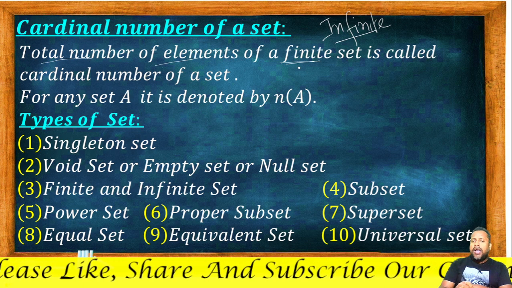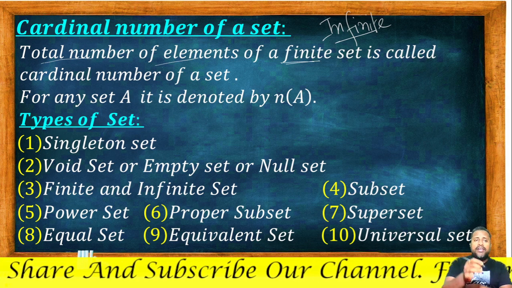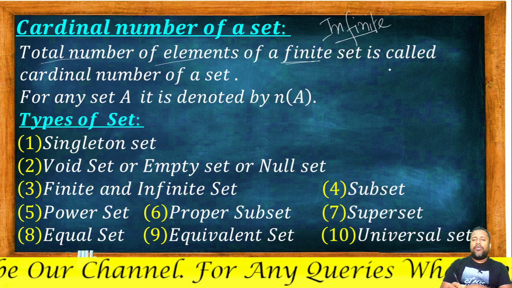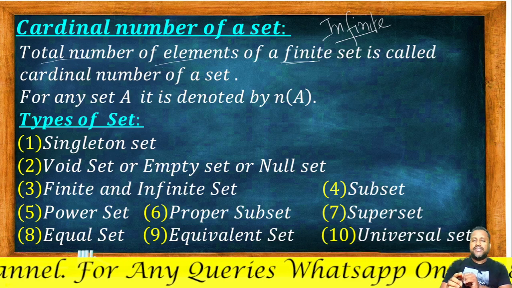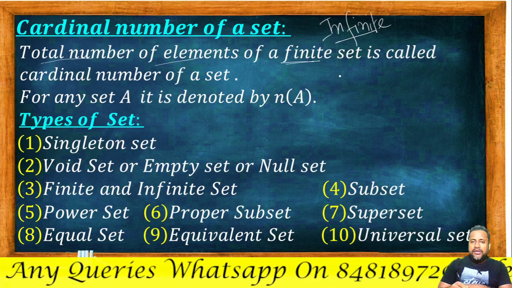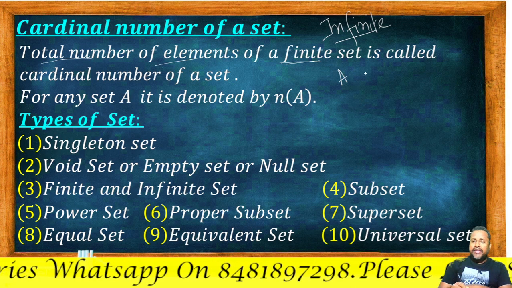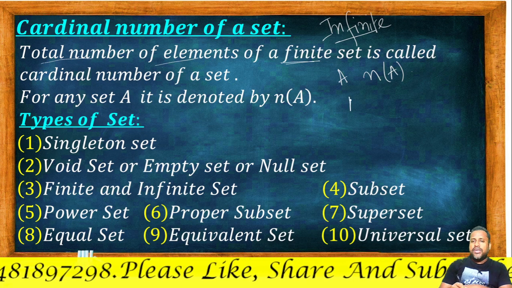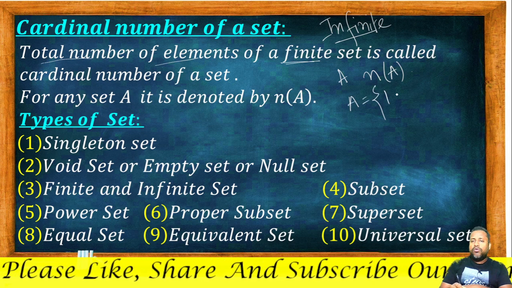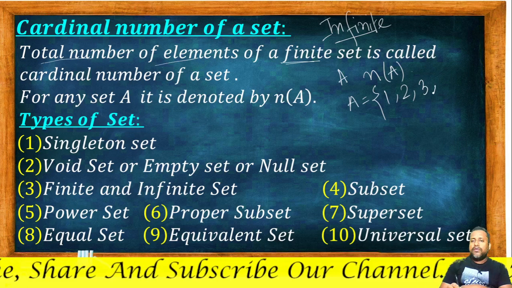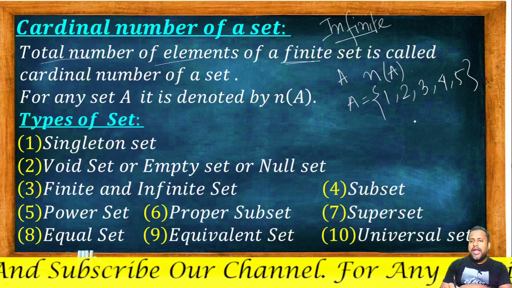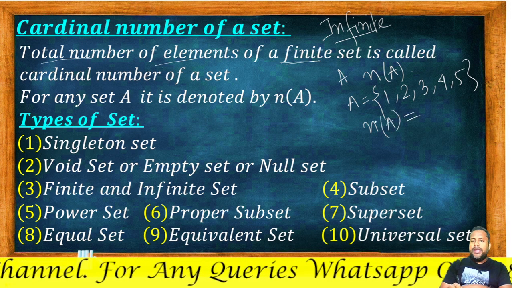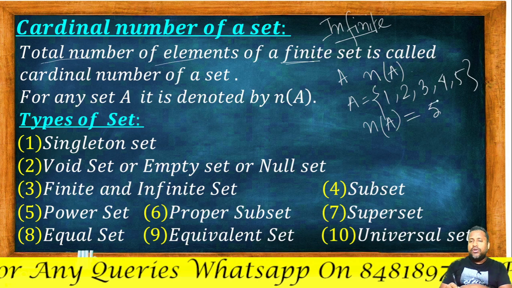So what is the cardinal number of a set? It is the total number of elements present in that set. For any set A, the cardinal number of this set is denoted by n(A). Say if we consider A equal to {1, 2, 3, 4, 5}, then the cardinal number of set A will be n(A), and n(A) equals 5.